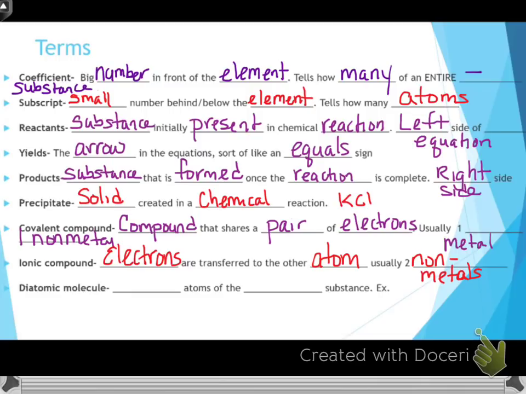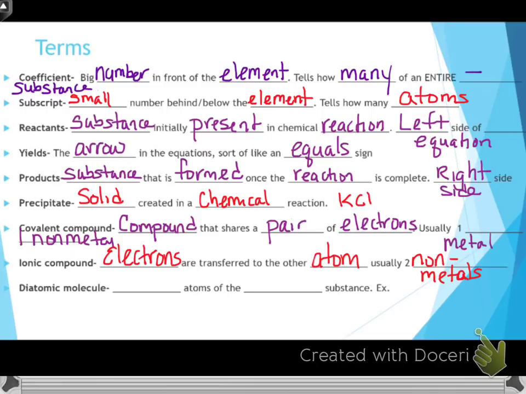And when we talked about Bohr's diagram and then the electron dot diagram, and I said the electron dot diagram will be important when we start making compounds and combining our elements and our atoms, this covalent and ionic compounds are examples of that. Alright, when that will come in handy, I guess.